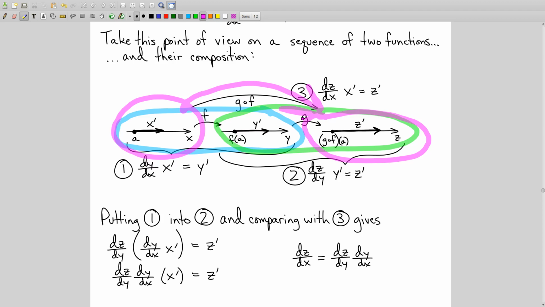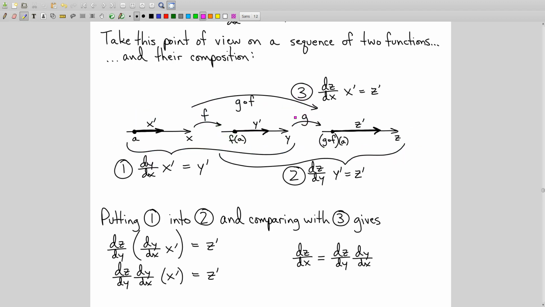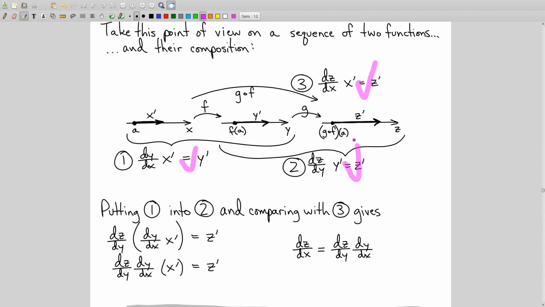You can write down what the derivative does in each of these cases, and I've written those down here. You can plug the one into the other and write down the algebra.